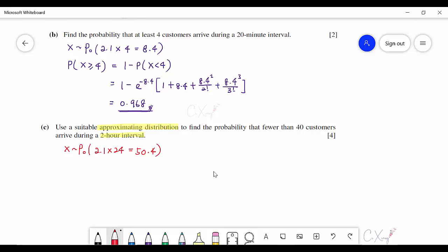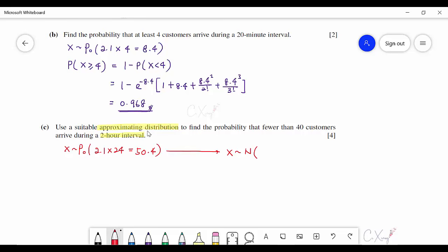When lambda is more than 15, generally we should change it to a normal distribution. Our lambda here is already more than 15, therefore I will change it to a normal distribution, which also fulfills the request of the question.